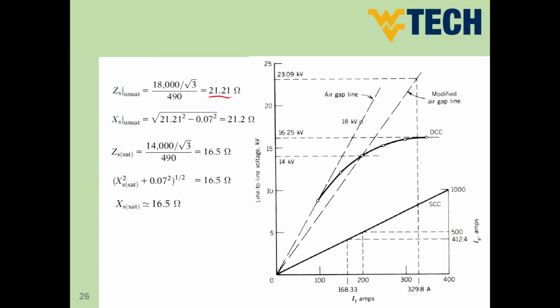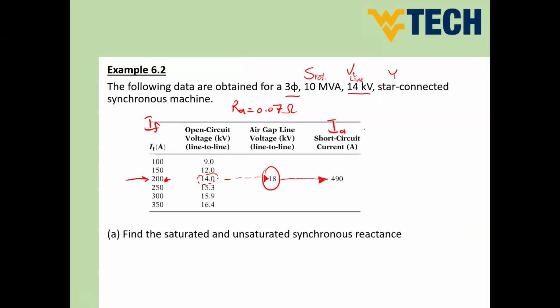Can you see, guys? This is the impedance. This is the reactance. It's almost the same. Why? Because if you see the rating of this machine, it's 10 megavolt ampere. It's huge power. So we can neglect the armature resistance in this example, but here the textbook used the exact solution, so no problem to consider the exact solution. So again, this value of resistance is given.